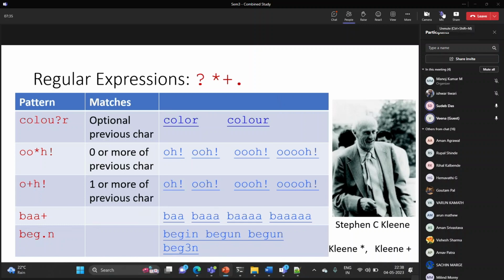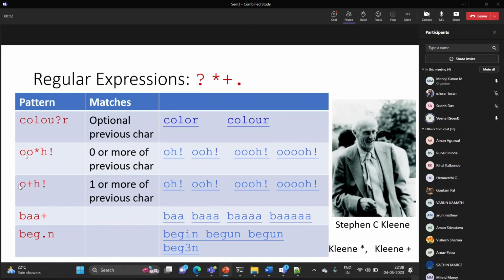So if we put O and star, then it will indicate that it can be 0 also. O can come, but how many O's? If it is a star, how many O's is the question. So it can range from 0 to any number.